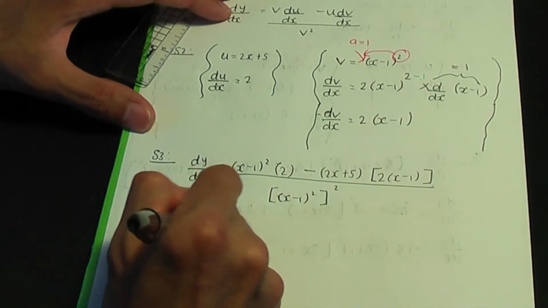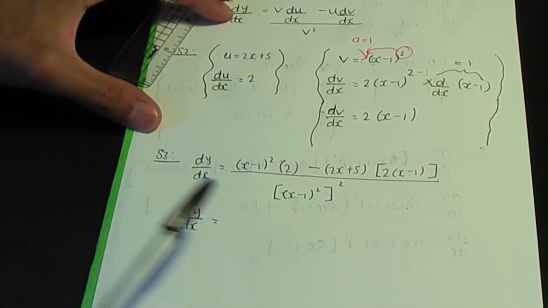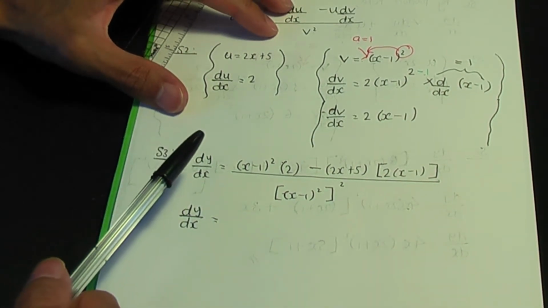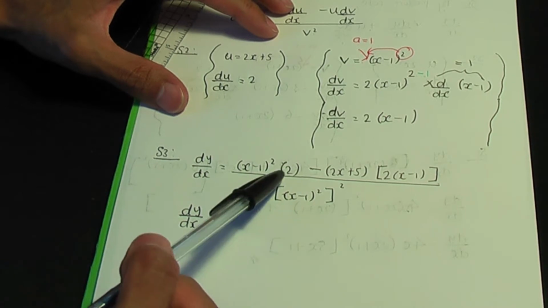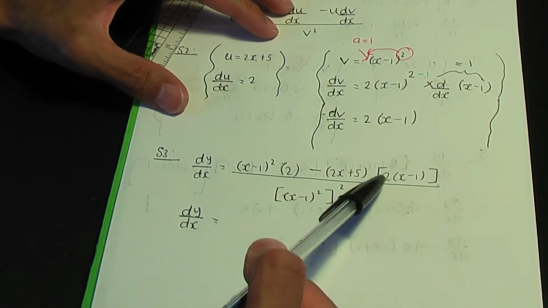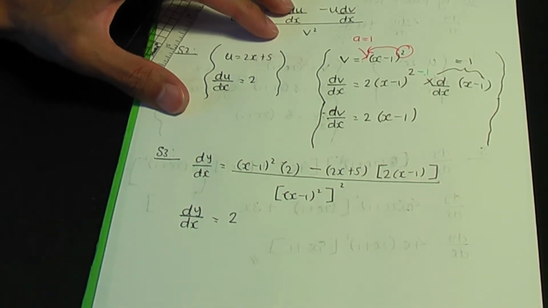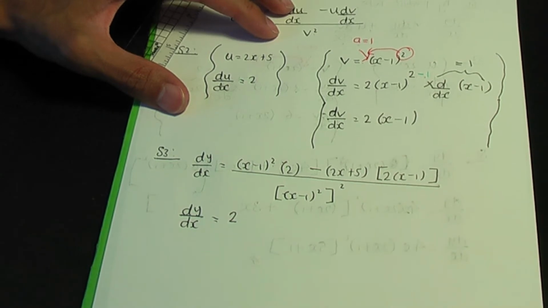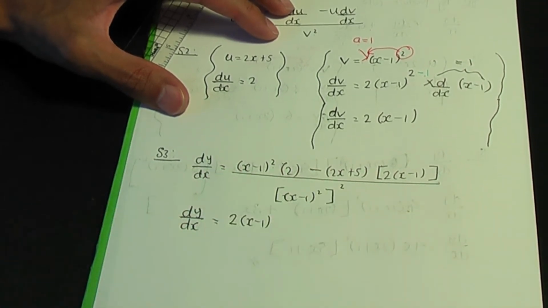So let's simplify this. So dy over dx is equal to, so let me factorise this, and let's be careful with the factorisation of the numerator. So as far as the constants are concerned, I've got 2 here and 2 here, so I'll take out a common factor of 2, and I've got x minus 1 squared and an x minus 1 here, so let me take out an x minus 1 term.